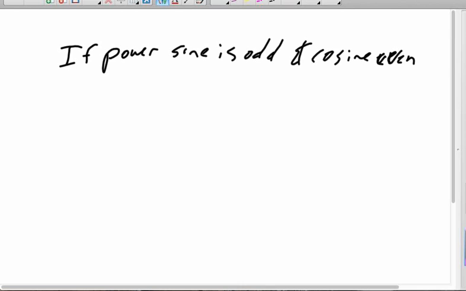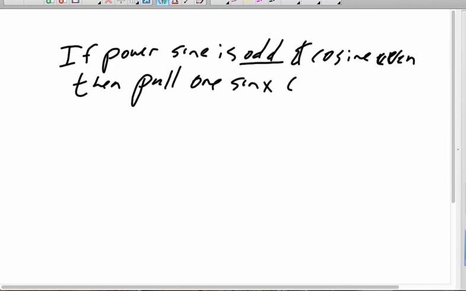And we're interested in the odd because we can pull them out. Then this is when you pull one sine out. One sine of x out for u sub.